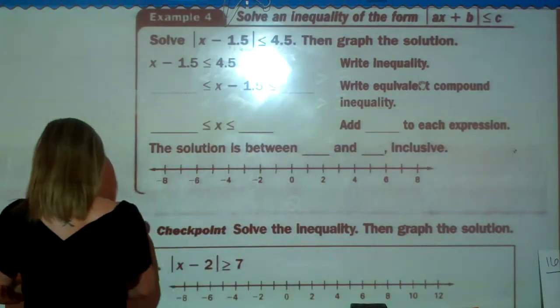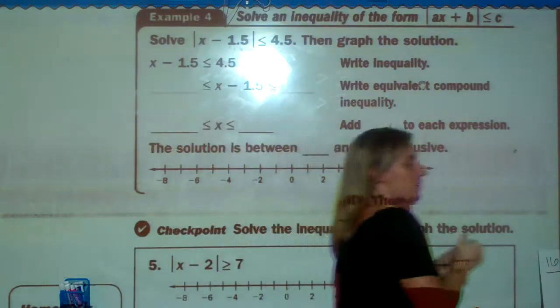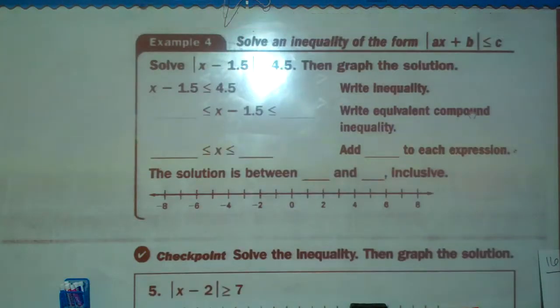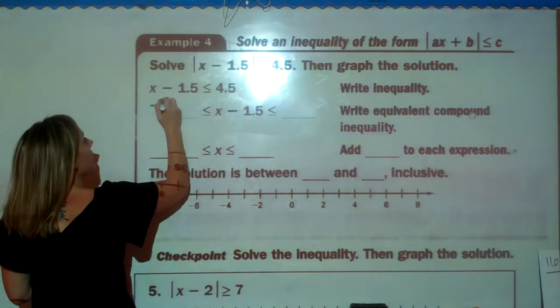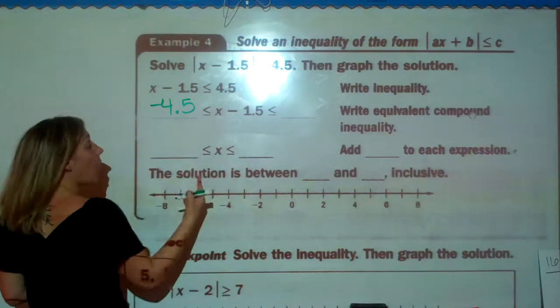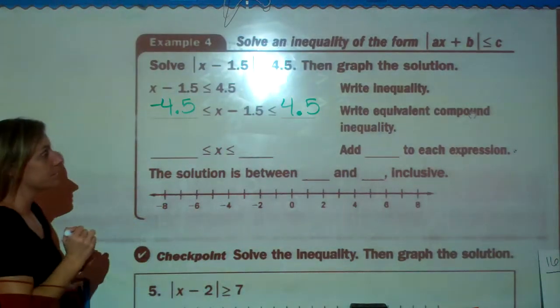So it could be the negative version, negative 4.5, or the positive version, positive 4.5.